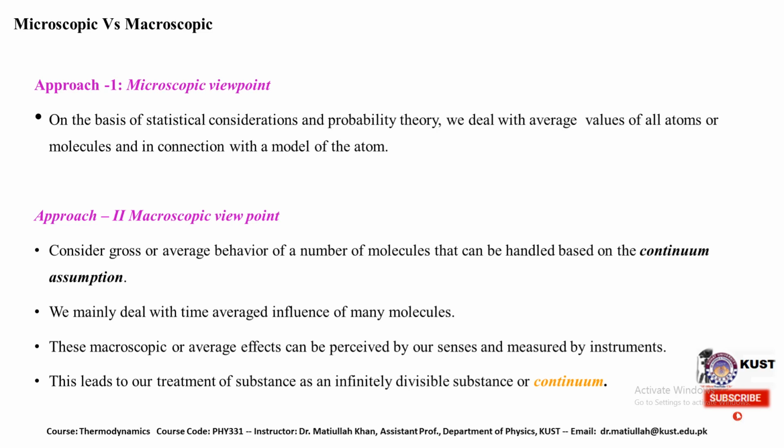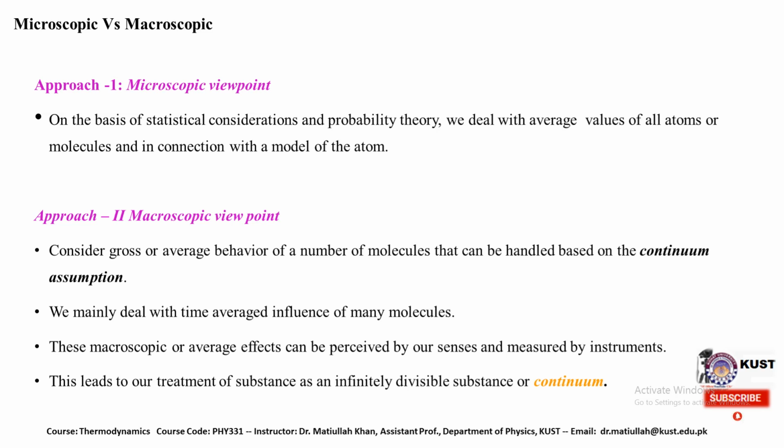To start the lecture, we need to know the microscopic and macroscopic approach of any particular system. Generally, thermodynamics is considered the macroscopic viewpoint of a system, and statistical mechanics describes the microscopic viewpoint.